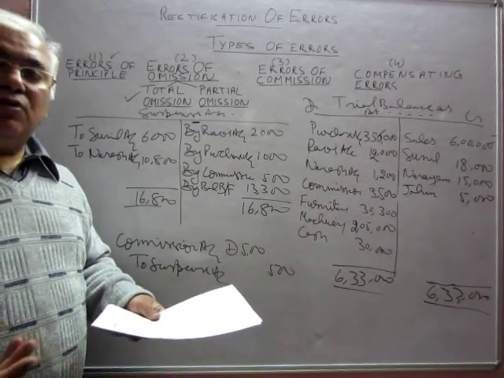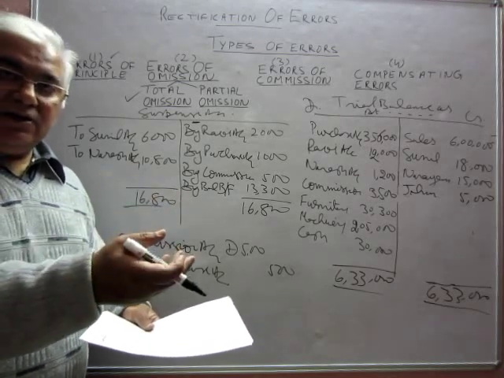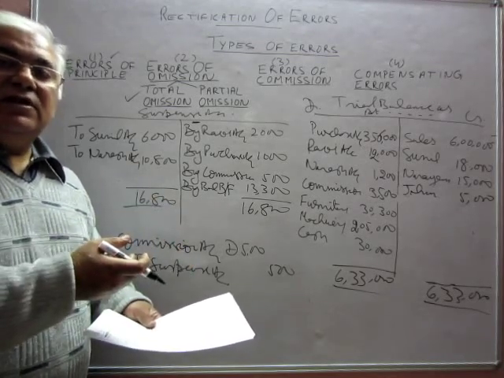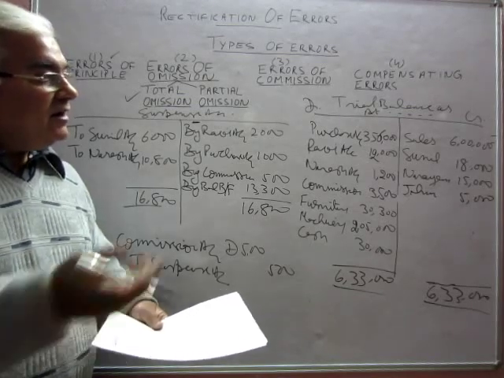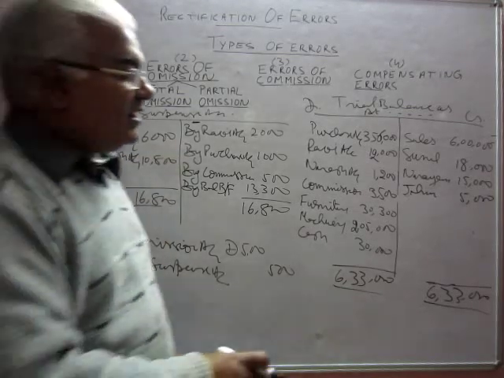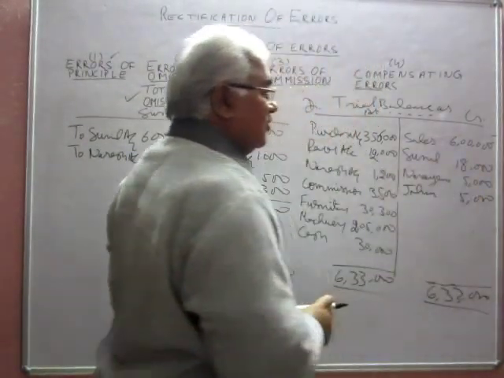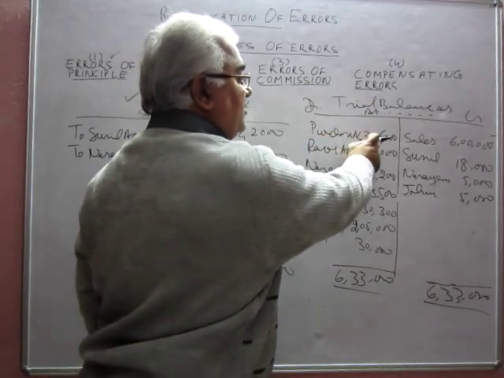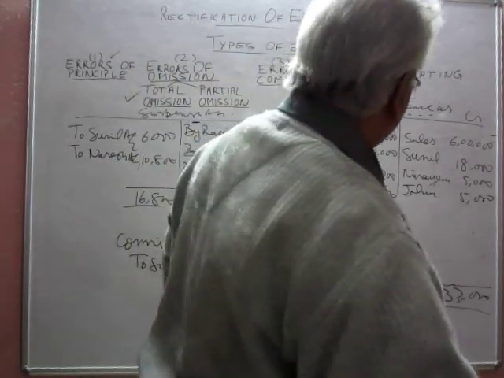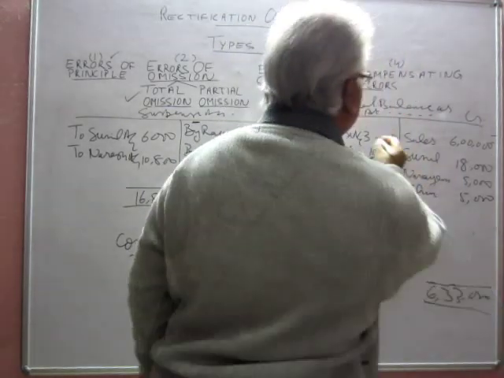Simply Narayan has been over credited by 10,000, so he will be debited. Narayan account debited 10,000 and purchase account credited 10,000. What will happen with this? Narayan's account, which is standing at credit of 15,000, will become 5,000 only, right? And our purchase account, which is appearing at 356, will become 346.